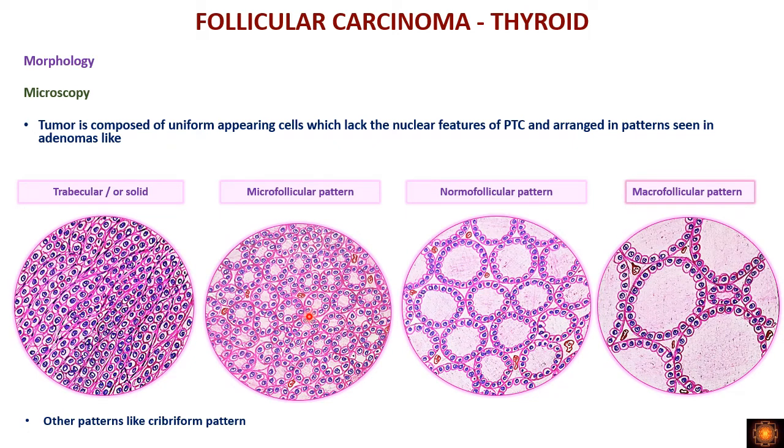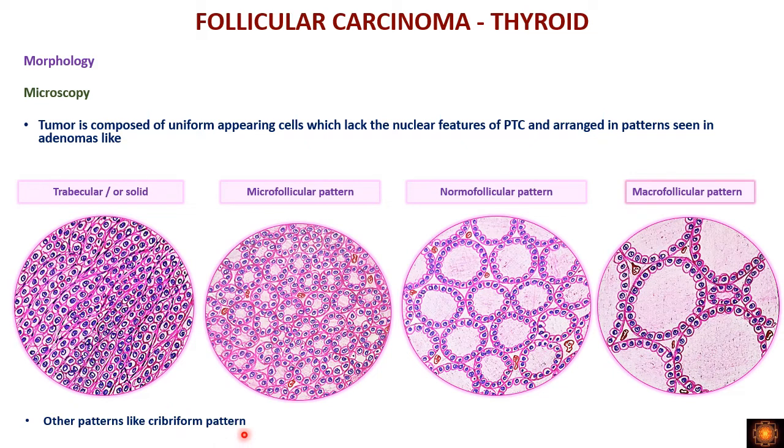Then you have a microfollicular pattern where small follicles will be present. Then it can be a normofollicular pattern, or it can be a macrofollicular pattern where you see very large, cystically dilated follicles. You can see the entire tumor composed of macrofollicles only. Another rare pattern is a cribriform pattern.